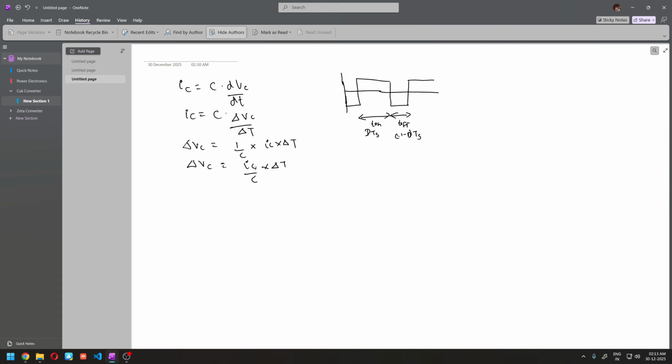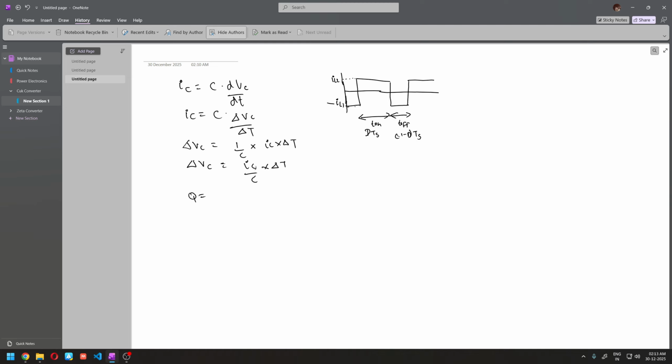So we have this, and we wrote the equations, right? This is in the off state and this is in the on state. So in the on state, it was IL2, and in the off state, it was minus IL1. So you can see it's a square waveform, and to write the capacitor voltage ripple, we can use another equation.